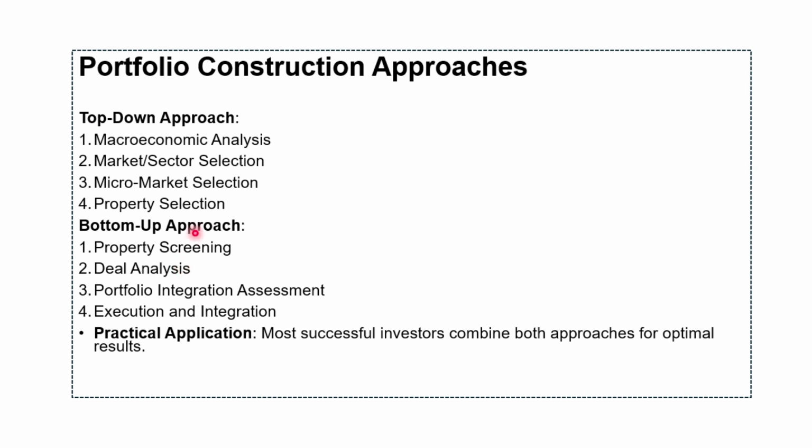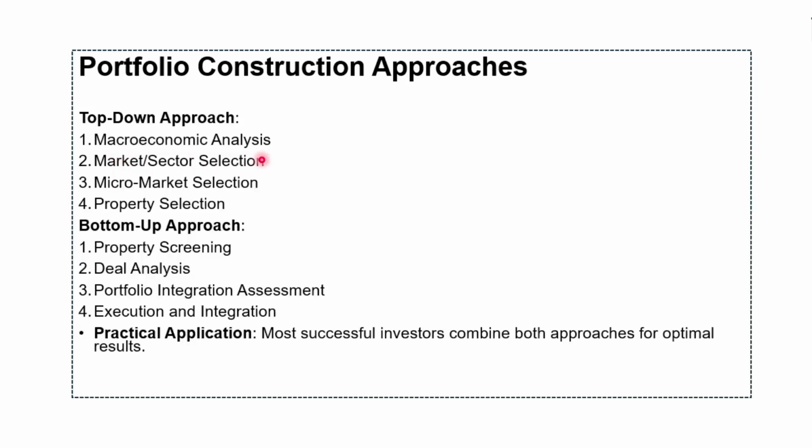For example, a foreign investor who has the option of multiple investments in different countries may look at the macroeconomic conditions of various countries, or if they are looking at India, at different regions. So macroeconomic analysis will be done like that.